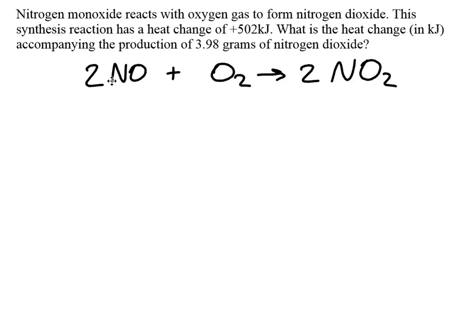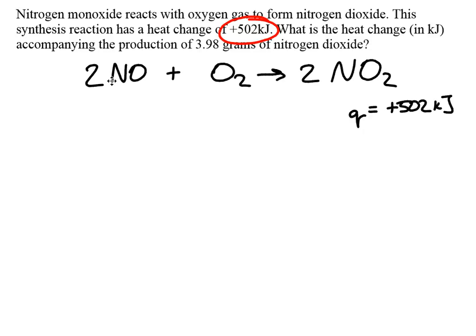Now, with that balanced, we also need to indicate that there is a heat change, and in this case the heat change is a positive 802 kilojoules. So what we'll usually have is either Q or delta H written off to the side, saying Q is equal to, in this case, positive 502 kilojoules. All that means is that this reaction is endothermic, heat is going into this reaction.